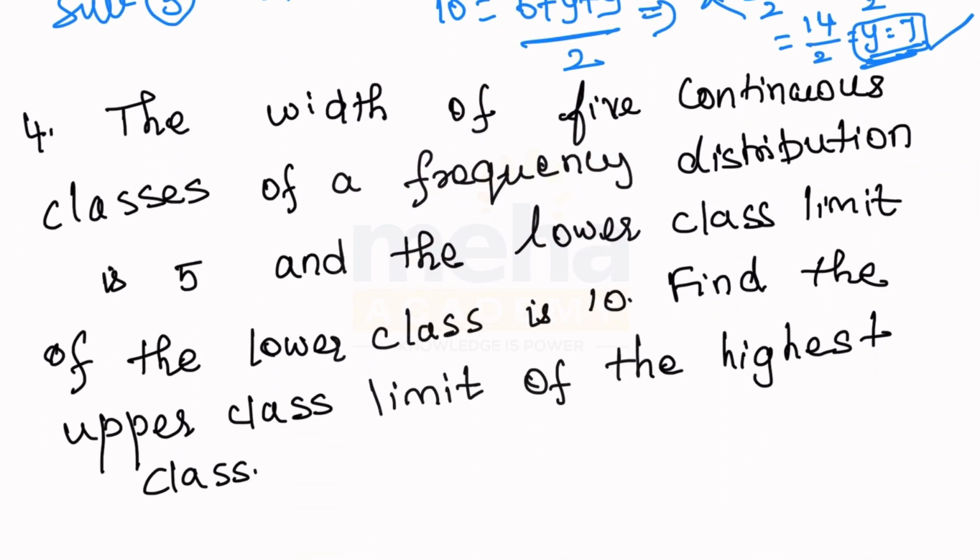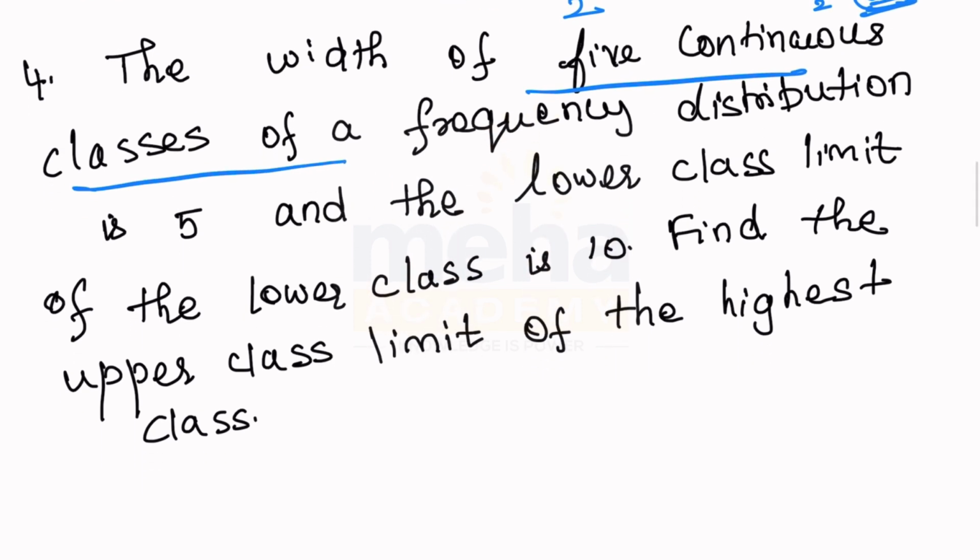The next question. The width of each of 5 continuous classes in a frequency distribution is 5 and the lower class limit of the lowest class is 10. Find the upper class limit of the highest class. They're saying the class size is 5 for 5 continuous intervals, and the class interval starts from 10.